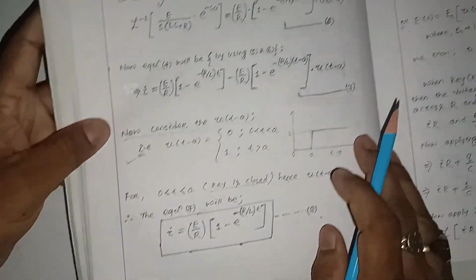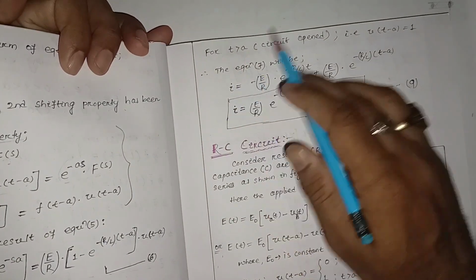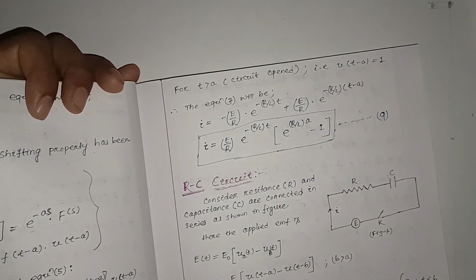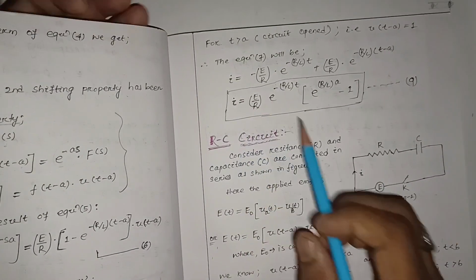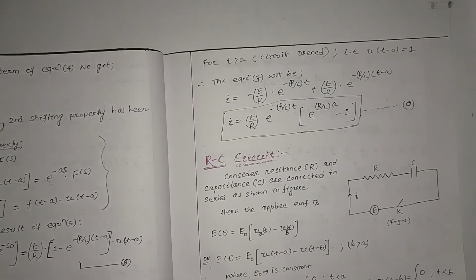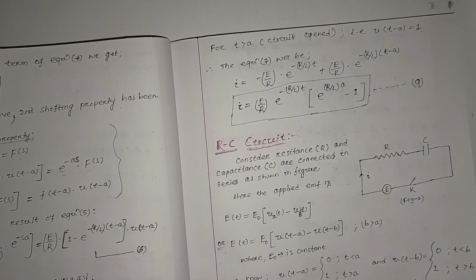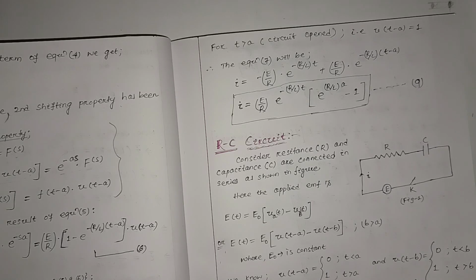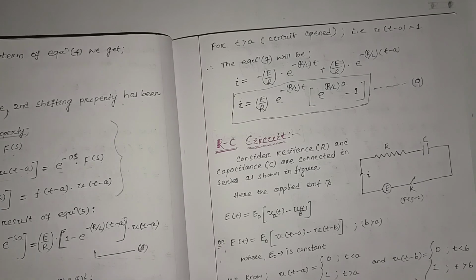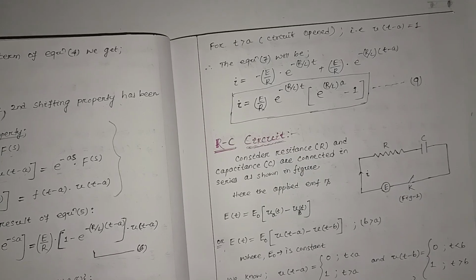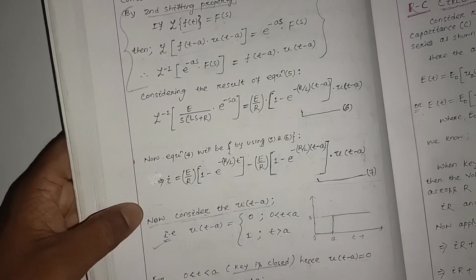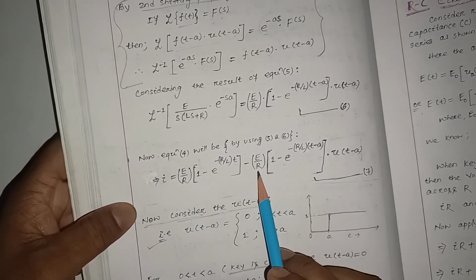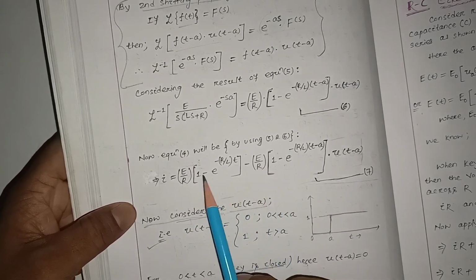Now, whenever we consider t greater than a, it means the circuit is in the open state. Open state means u of t minus a will be 1. So the answer will be, at t greater than a: E by R into 1 plus E by R into 1 minus, both will be cancelled.